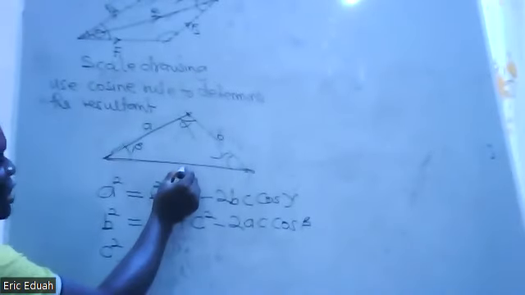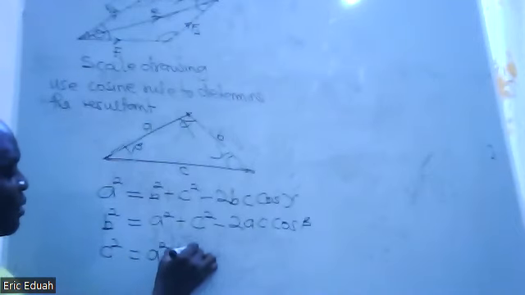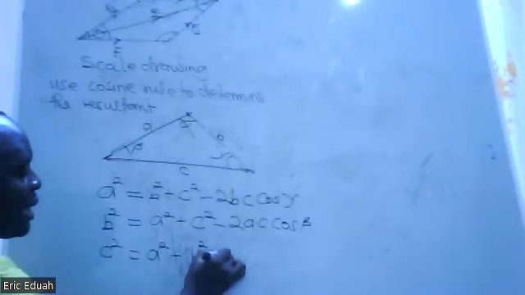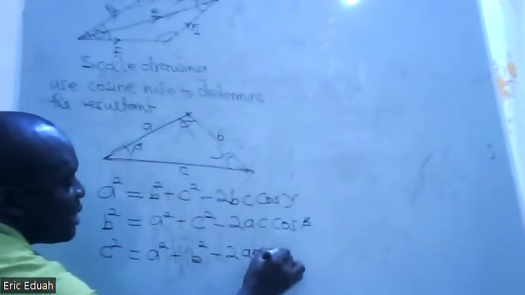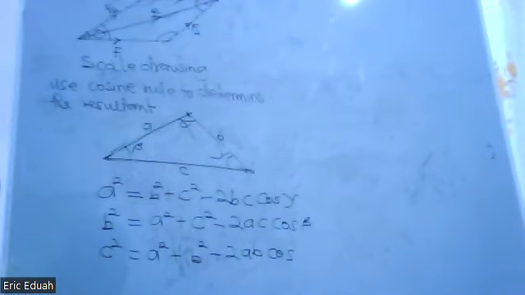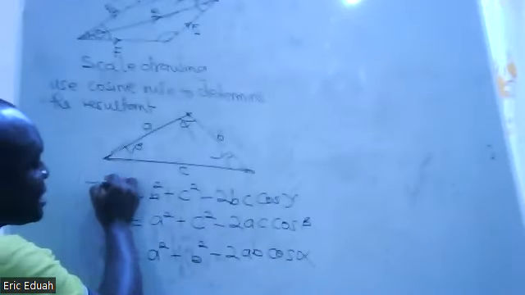Okay, maybe Regina is still thinking about it. So C squared would be equal to A squared plus B squared minus 2 times AB times the cos of the angle opposite C, which is alpha. And this is what we call the cosine rule.